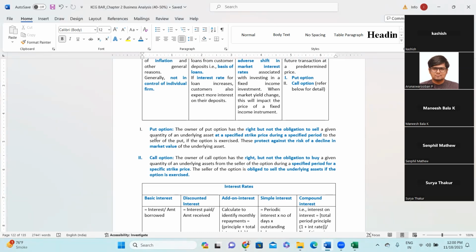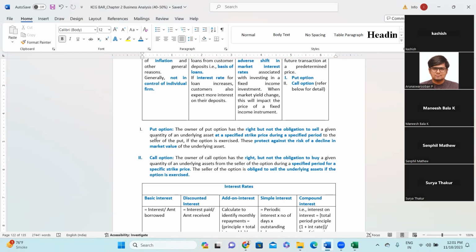And when do you exercise the put option? If the actual market price is below the contract price, that means you'll be in a position to sell at a higher price. On the contrary, a call option is a right to purchase.